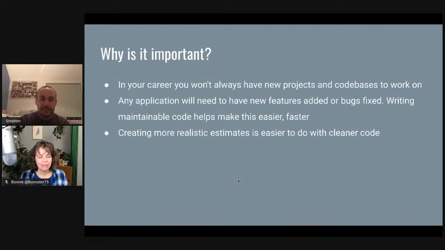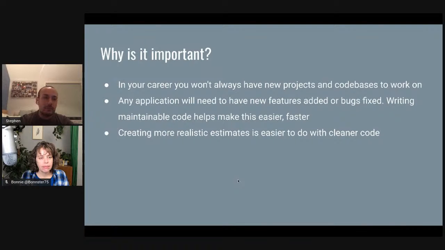This is sort of related. Not only will writing more maintainable code make it easier for you to work on a project and fix a bug and add new features, it also allows you to give more realistic estimates. The way that happens is, as you're asked by somebody to give them an estimate on how long a new feature is going to take, you can think of how your code base is written, and it's quite easy to work on.